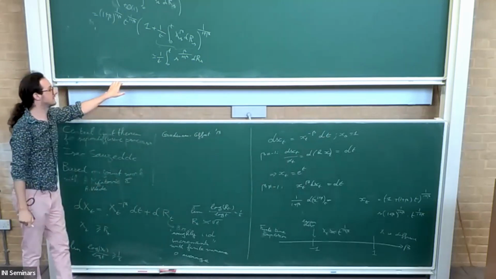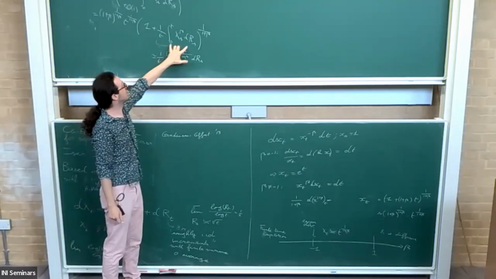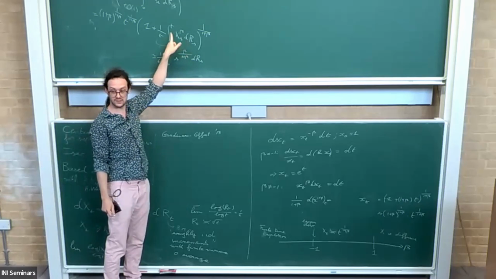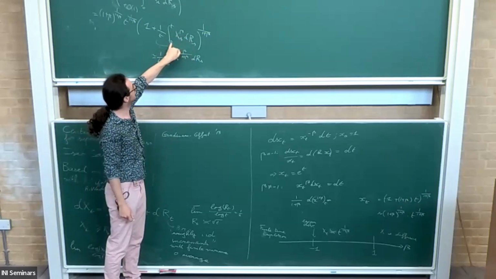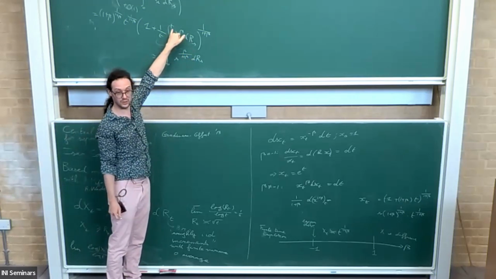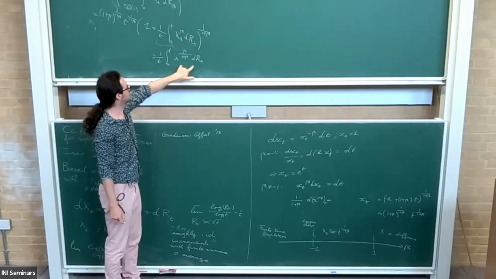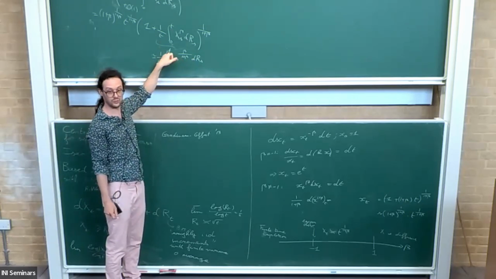But for this, I need at least one thing, which is that this integral, but from 0 to infinity, is infinite. Because if you take this integral from 0 to infinity and you get something finite, then this from 0 to infinity is also probably going to be something finite.